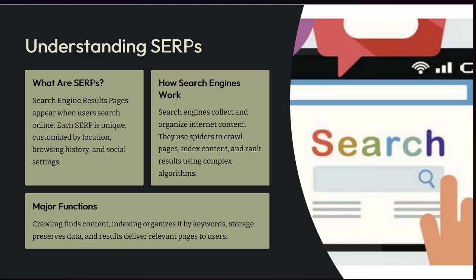First, the search engine uses software called a spider to crawl hundreds of billions of web pages. They index the content, organizing it according to the keywords, and store this data. Then, complex algorithms decide which pages are the most relevant and should be ranked highest for your query. The flow can be represented as first crawling, then indexing, then storing, then ranking, and then displaying to the user.